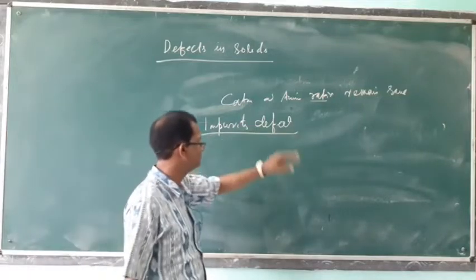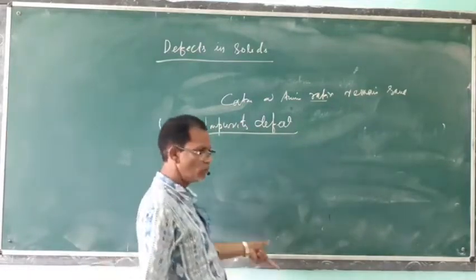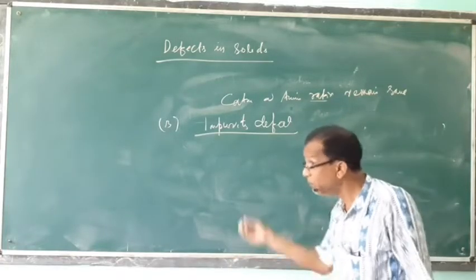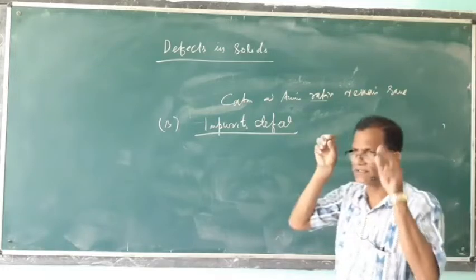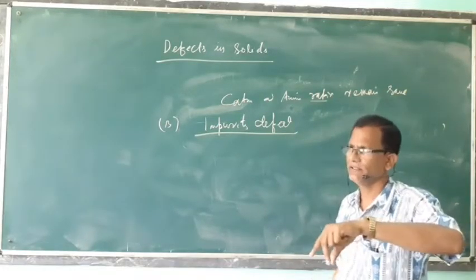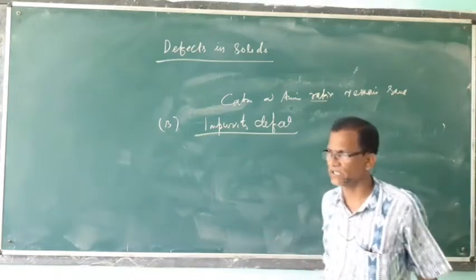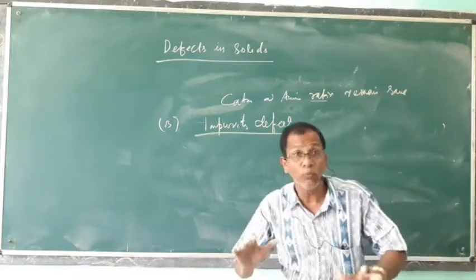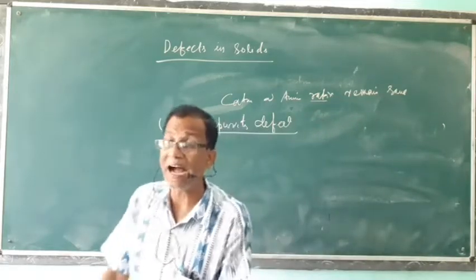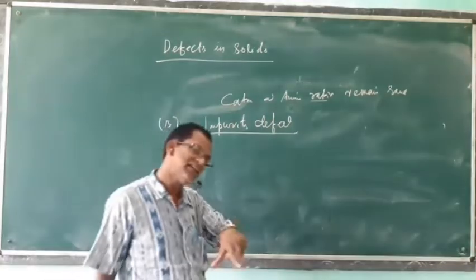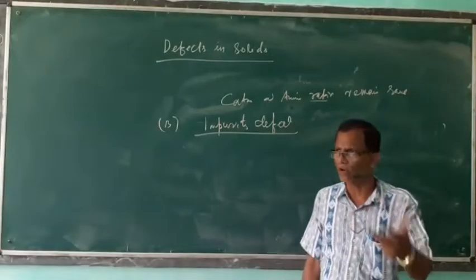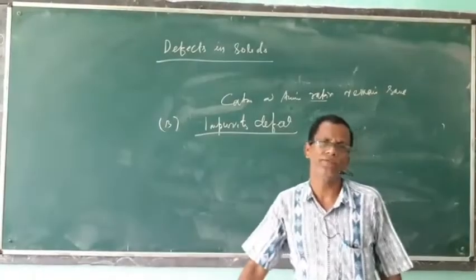Impurity defect means we have to add some impurity to the crystals from outside, during formation of crystals, when the crystal is in molten state. Then when it is solidified, when the crystal forms, this type of defect will form.